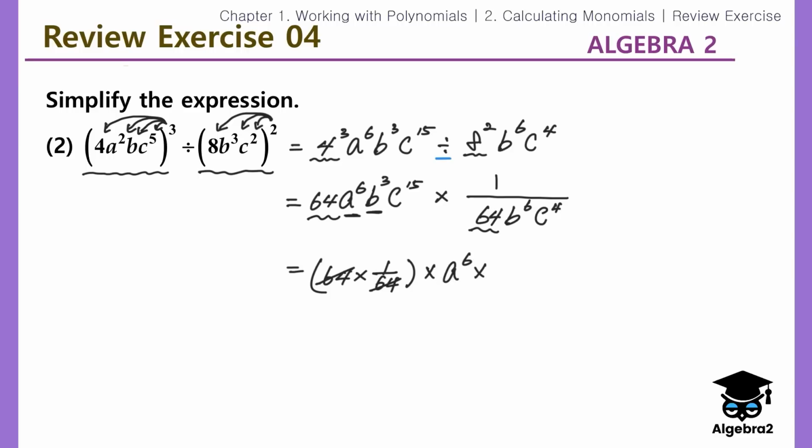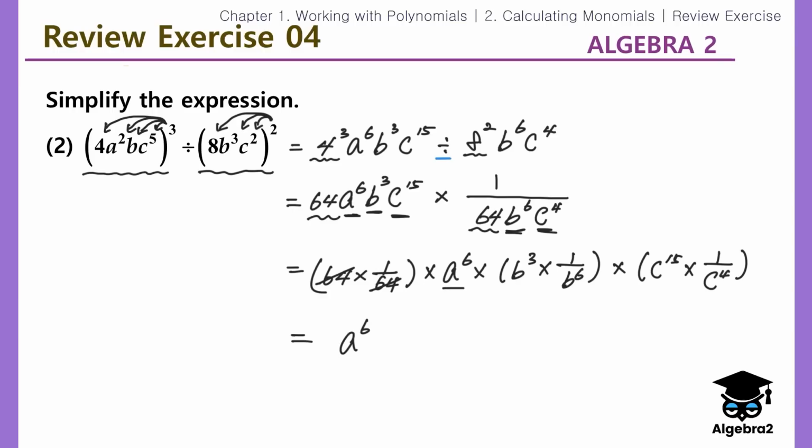For b, we have b cubed times 1 over b to the 6. And for c, we have c to the power of 15 times 1 over c to the power of 4. So that is equal to 1 times, well, we don't have to write 1, and we have a to the 6, and this part right here, that's b to the 3 minus 6, which is b to the negative 3, so we can say that's 1 over b cubed.